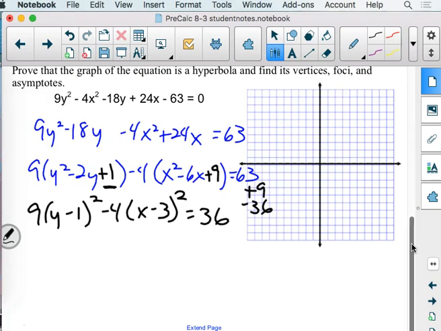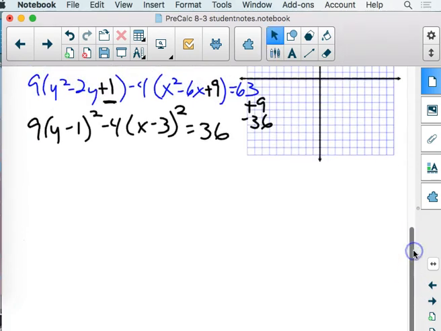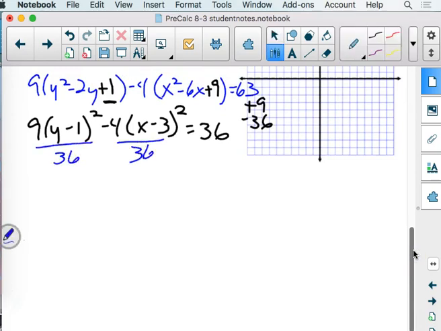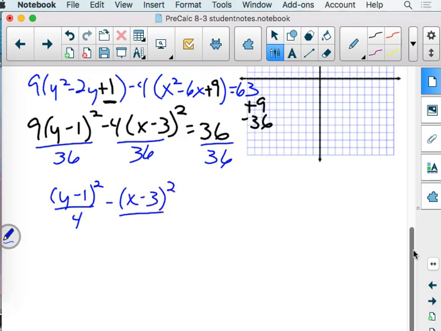Remember, we've got to get a 1 over there, and that's the way to get rid of that 9 and that -4 there. Dividing everything by 36. Whew. We proved it.